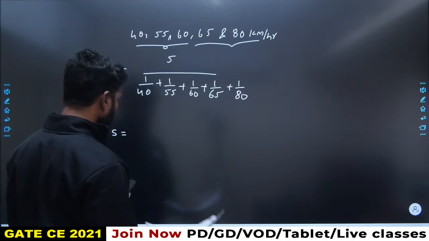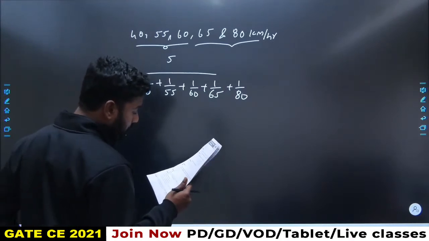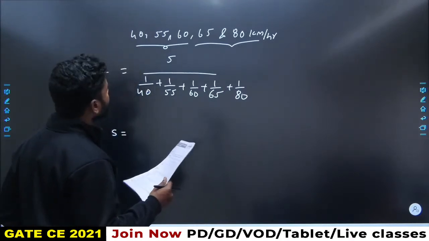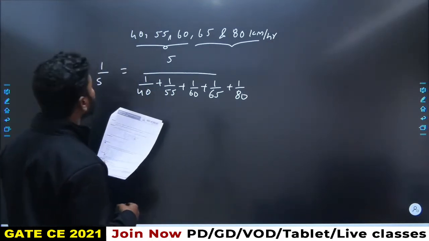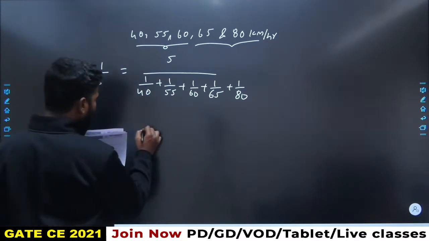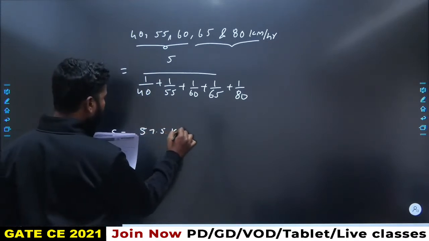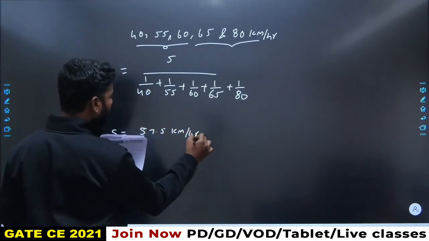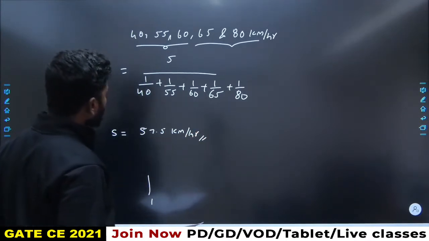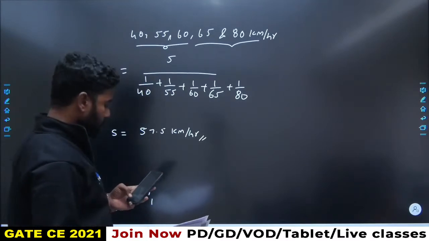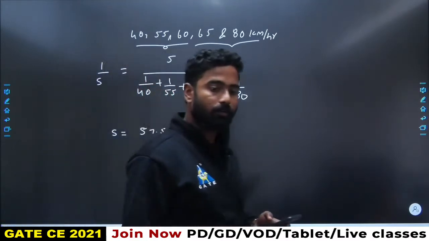So approximately you will get somewhere around 57.5 kilometers per hour. This is 5 only, right? So this will be approximately 57.5.